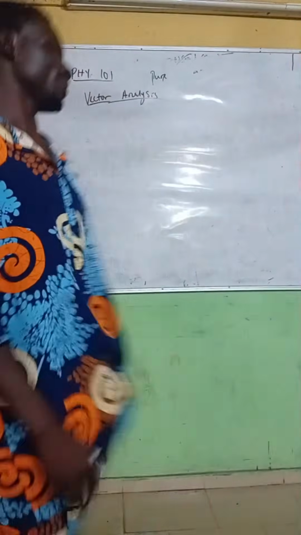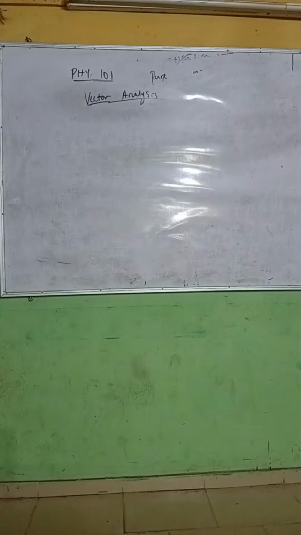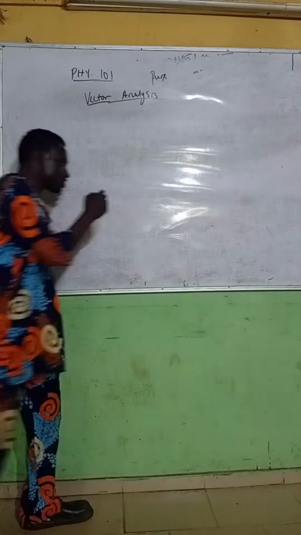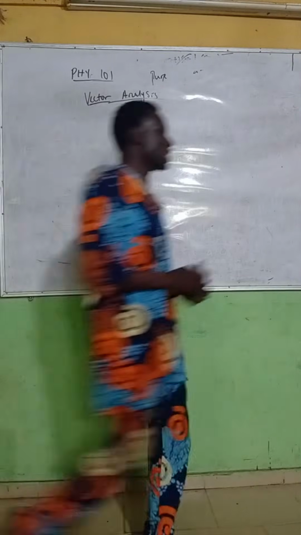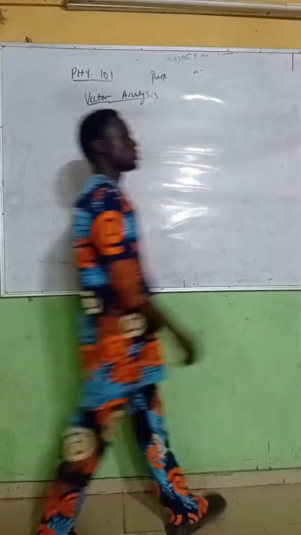What about a unit vector? Does a unit vector have magnitude or not? What's the magnitude of a unit vector? 1 unit. So no quantity can exist without magnitude. Even if it's just a dot, no quantity can exist without magnitude. That's why we only have scalar and vector: you have magnitude only, or you have both.